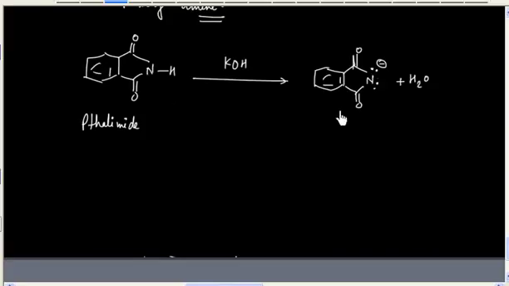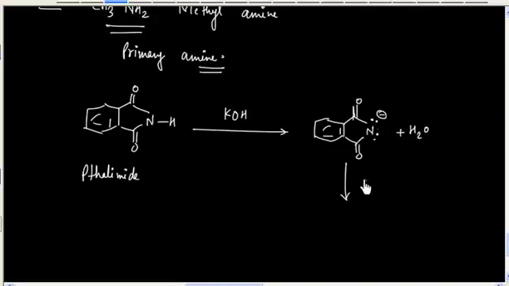Now next step, we can treat this one with CH3Br, and then we can do hydrolysis, basic medium hydrolysis, and this will generate CH3NH2.